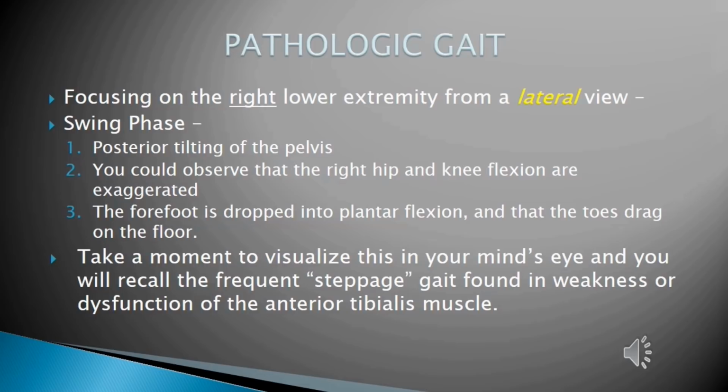So again, when assessing examinees and using the case of drop foot as an example, this disturbance in gait can be quite subtle as examinees learn to adapt and compensate their gait for these weaknesses, but this can be picked up through observation as a disturbance in the normal swing phase of gait. And the swing phase of gait will either be shortened or lengthened in comparison to the stance phase of gait, and this is something that is readily noticeable if you sharpen your attention and focus your attention on it.